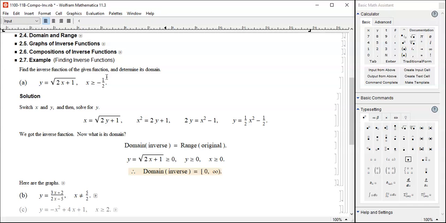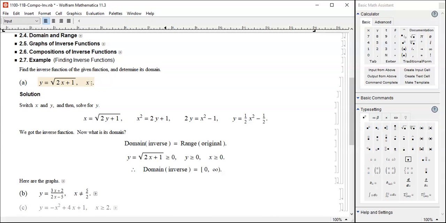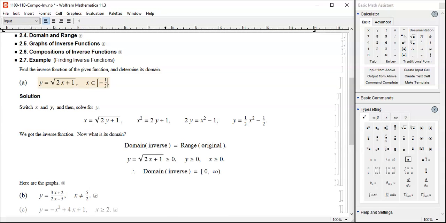So for the original function, the domain is -1/2 to infinity. That's the domain. And for the inverse function, the domain is 0 to infinity.